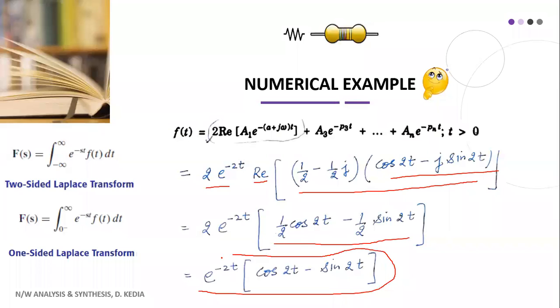And this is exactly the same result as we have obtained in the previous numerical. Now you see how short it is, just 3 lines solution. And there we had to solve for 2-3 pages in order to arrive at the solution. So that way it gives us a faster approach, a shortcut method to come at the same solution.